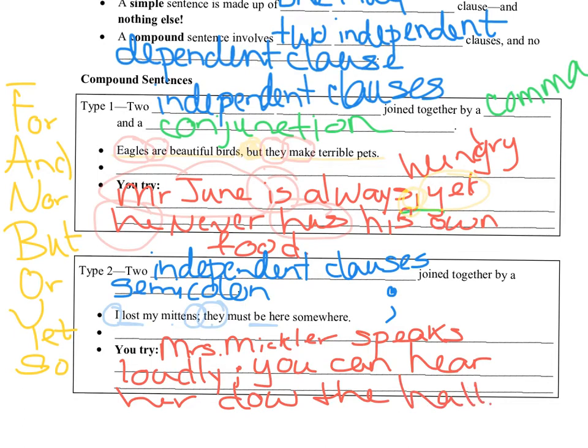Since both of these independent clauses or simple sentences were talking about Miss Mickler, I simply joined them together with a semicolon. Right there. There's my semicolon. So, Miss Mickler speaks loudly. That's a complete thought. I have a subject, predicate, second half of my sentence, subject, predicate.